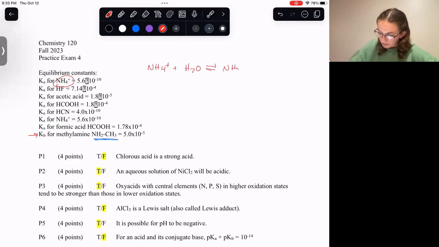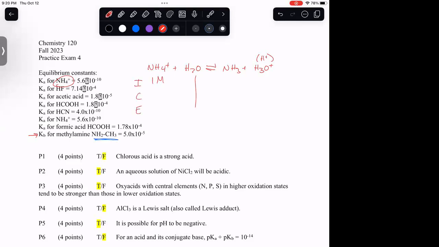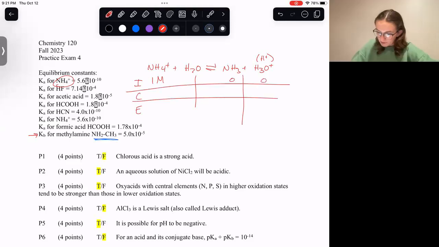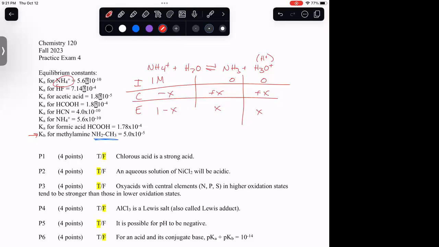This would become NH3 and H3O plus. If we said this was 1 molar for your ICE table, so that started off that way, we have 0, 0, minus X, plus X, plus X, 1 minus X, X, and X. We solve for X, we're trying to find our percent ionization.